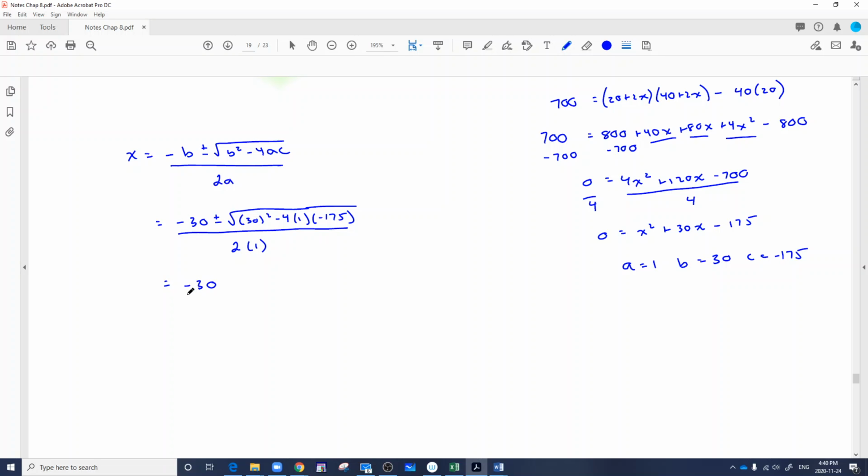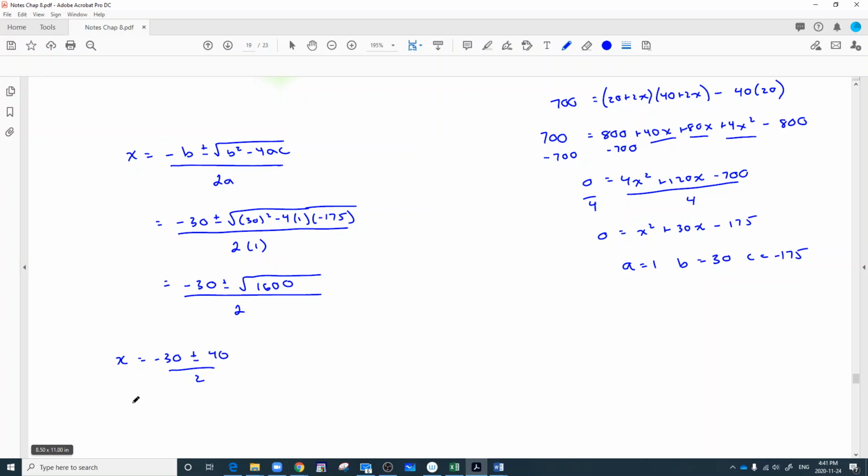Plugging this in, we're going to work out that discriminant. So we've got 30 squared, and we're taking away 4 times 1 times negative 175, which is 1600, all divided by 2. So I've got two solutions, x equals negative 30 plus or minus the square root of 1600, which is 40, divided by 2.